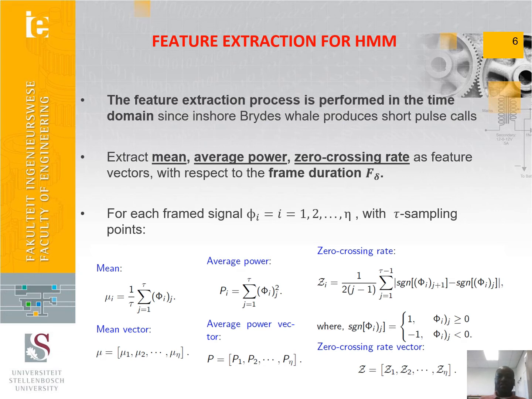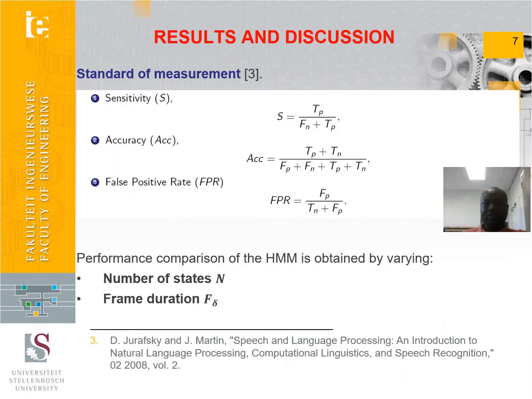These vectors were independently employed as feature vectors with respect to the frame duration and the number of states in the HMM. Now, to show our results, we simulate the performance of the HMM detector by varying the number of states and the frame duration using standard measurements in the literature.